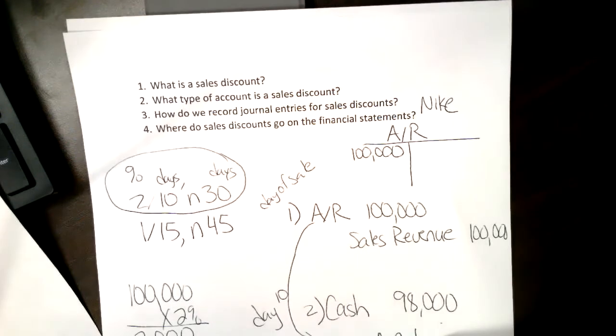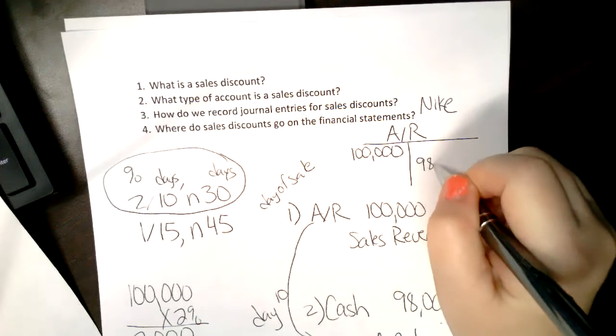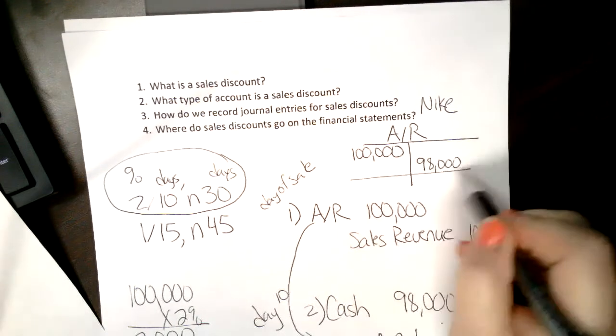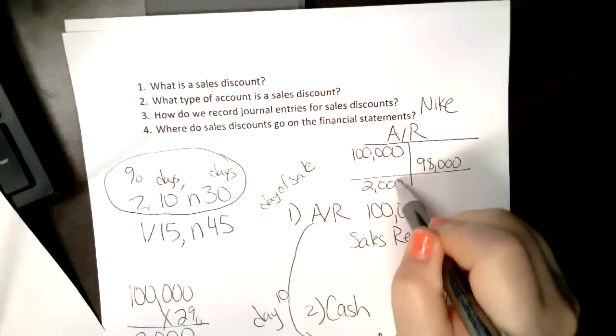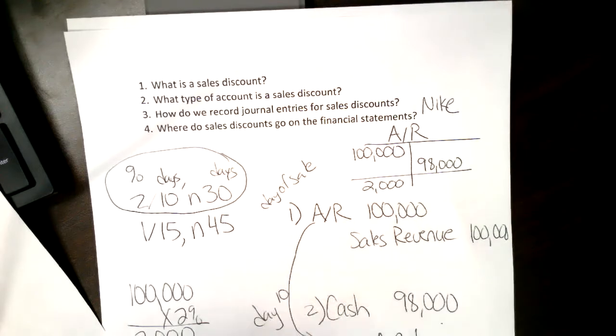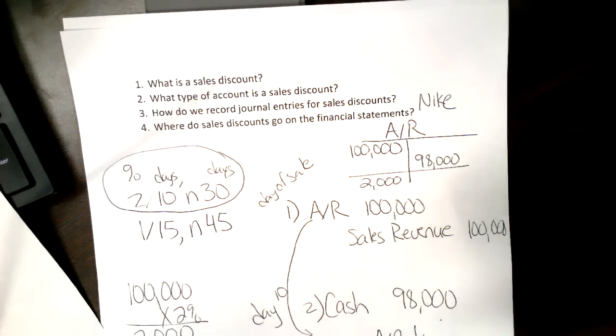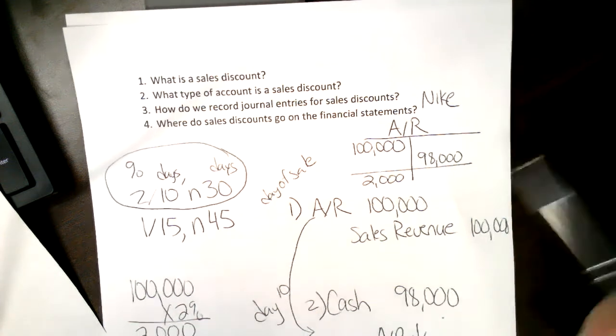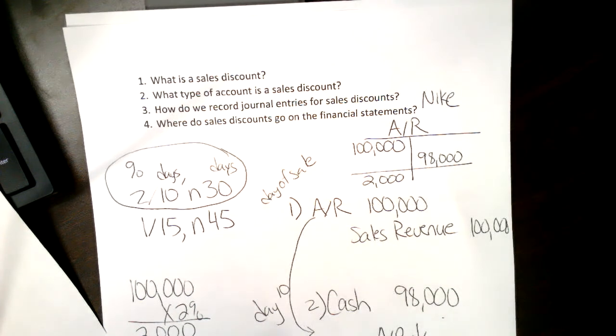And when Academy pays it off, if they only made a credit entry for $98,000, what would that show? That would show that Academy still owed them $2,000. And does Academy still owe them $2,000? No, they don't. Nike said, hey, if you pay us within 10 days, that's it, you get the discount.